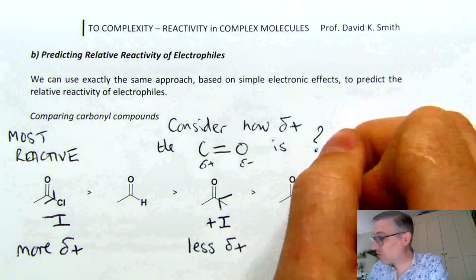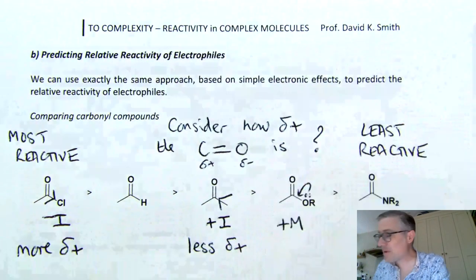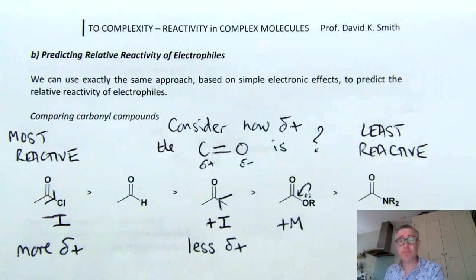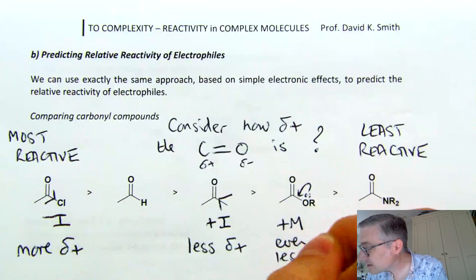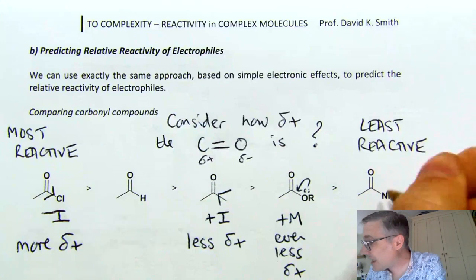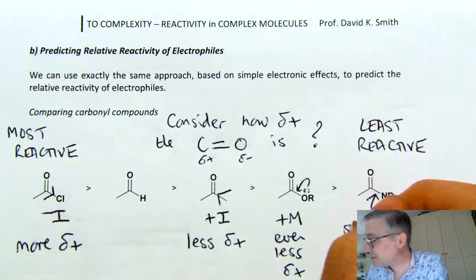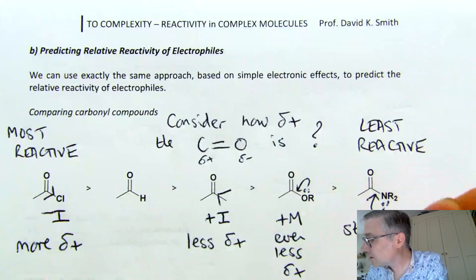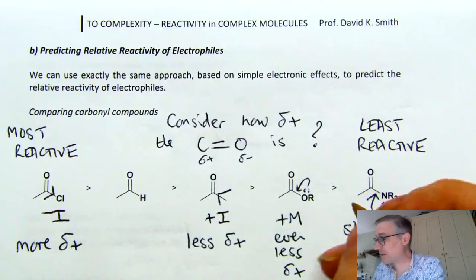This ester over here, we have a plus M effect, which will be bigger than a plus I effect. So even less delta plus on the carbon. And by the time we get to the amide, the lone pair pushes in, and this is now a strong plus M effect. Why is it a strong plus M effect?